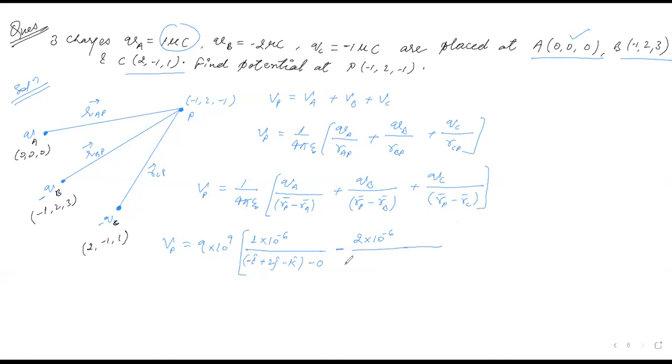RP is again the same, minus i cap plus 2j cap minus k cap, minus RB. RB is minus i cap plus 2j cap plus 3k cap.